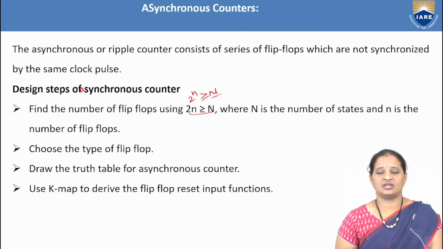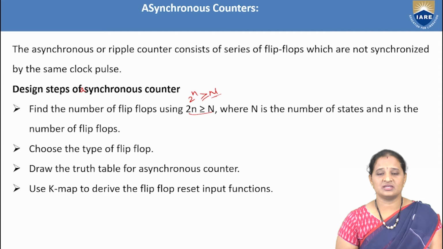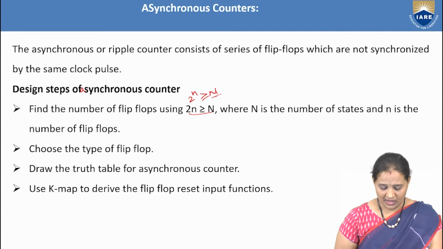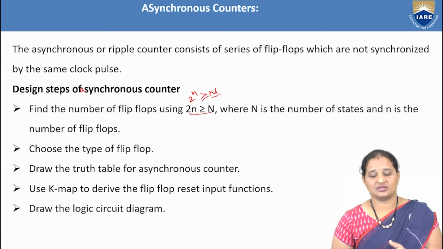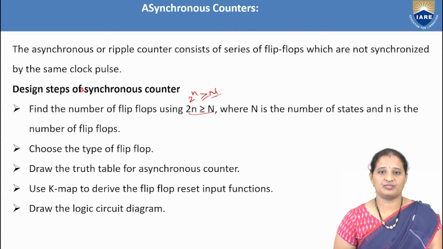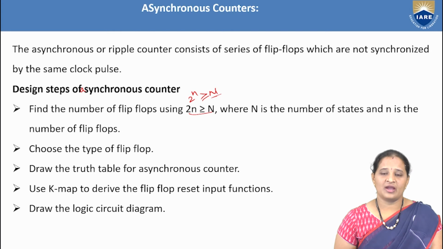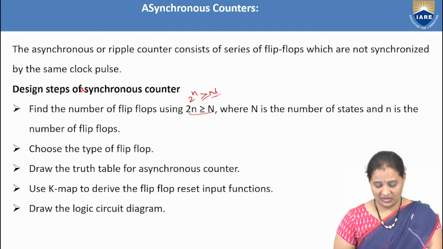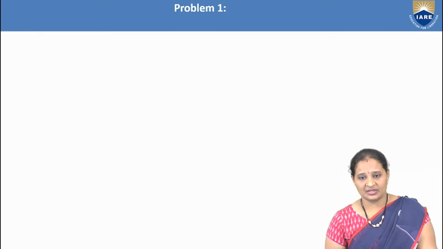Based on the reset input only, it is going to count the pulses in the given sequence. So that is the next step. Once the simplified expression for reset input is obtained, draw the logic circuit by using flip-flops and any other basic logic gates required. So those are the design steps.